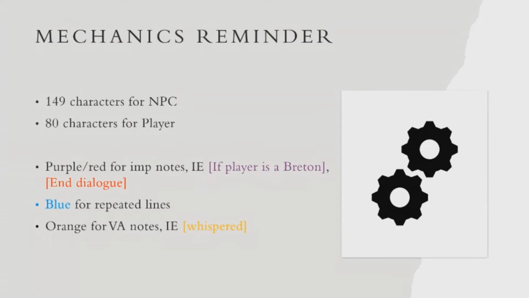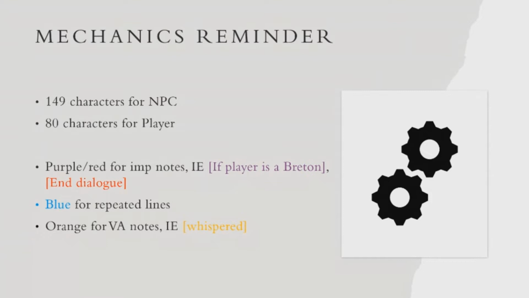Implementation notes and other colored notes change depending on the project that you are affiliated with. Some use different colors than others. All of them will use colors for these specific instances. Implementation notes, repeated lines, and voice acting notes will always be set apart in some way. So it's good to get in the habit of doing that and of reading that.